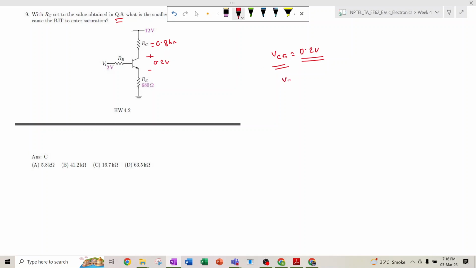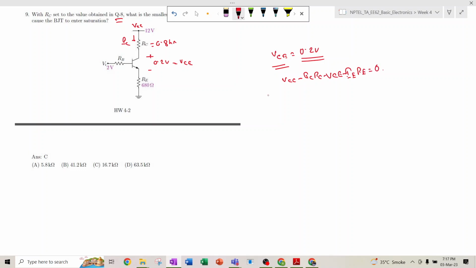So this is VCC minus ICRC minus VCE minus IE into RE is equal to 0.